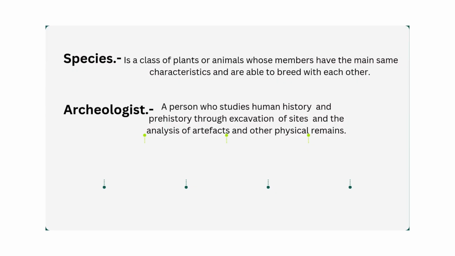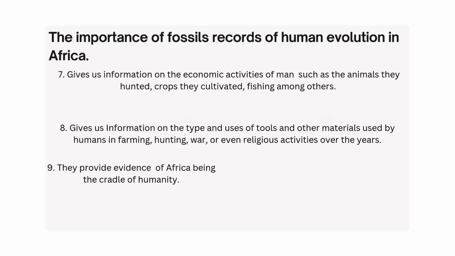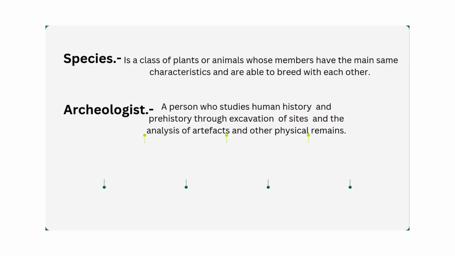For example, just to give you a rough example, a cow and a goat are not of the same kind. So for a cow to breed, it must breed with another cow, and for a goat to breed, it must breed with another goat.